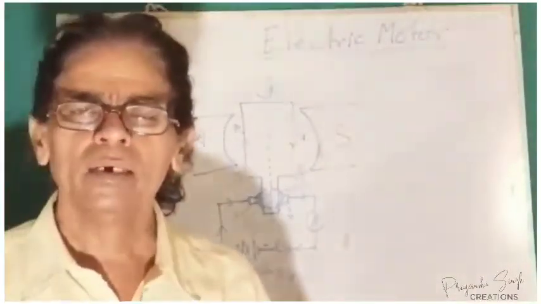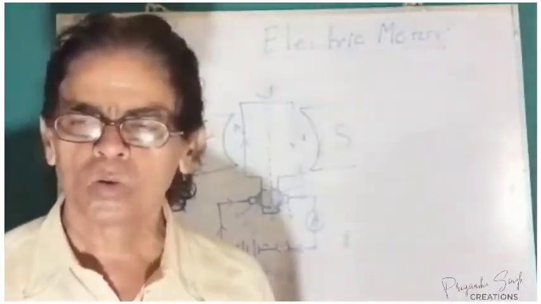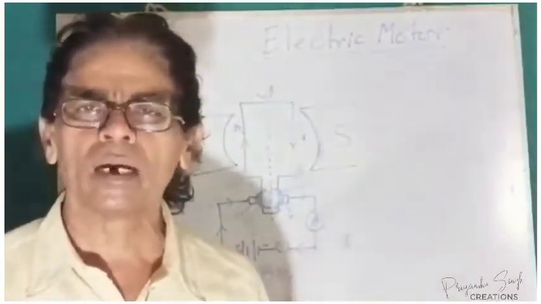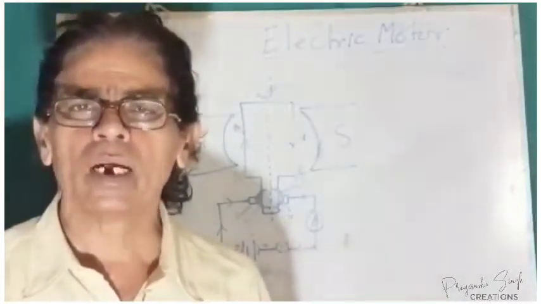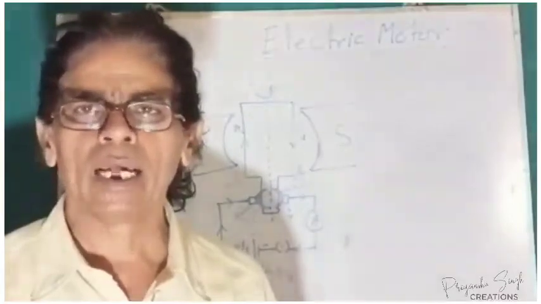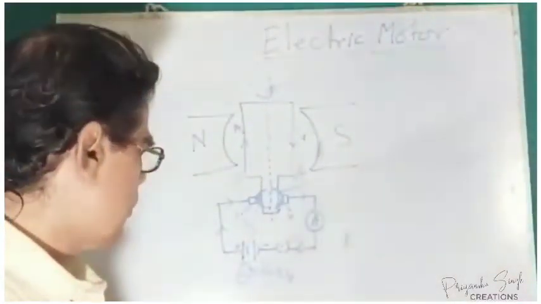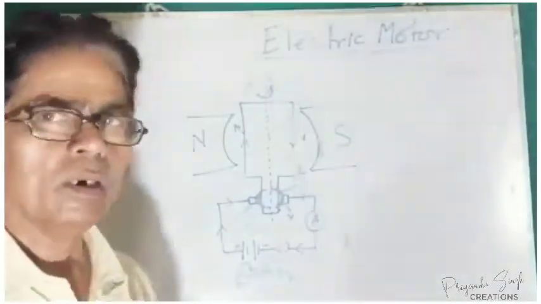A split ring is also known as a commutator. A commutator is that electrical device which changes the direction of electric current in the current carrying coil. This is how we have discussed the principle of motor.